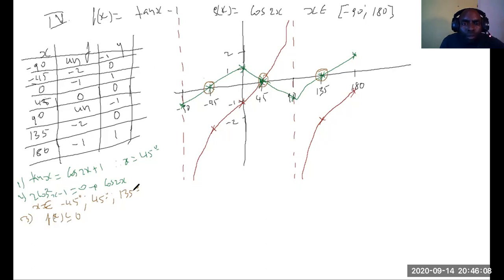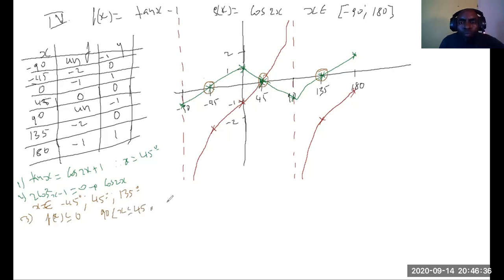So here we have 90 degrees, and where it is negative, we have 45, and we want x to be in between. So we want x to be greater than and less or equal to that.